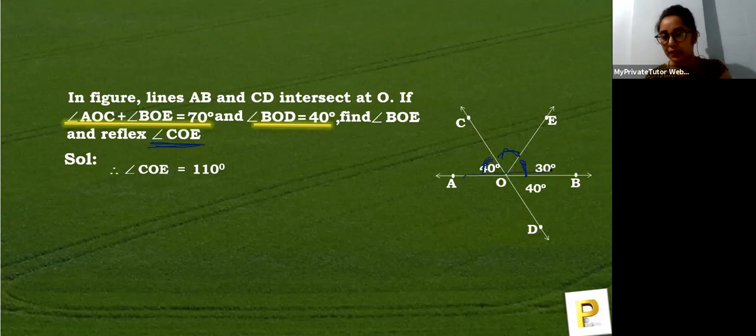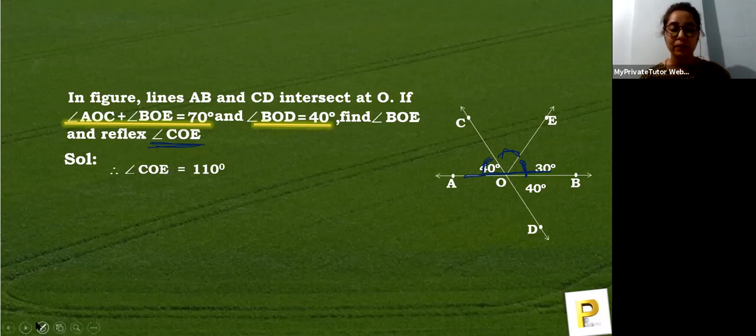And all of these three are linear pair of angles. So 180 minus 70 degree, and you'll get the answer as 110. This is how you get this angle as 110. Okay, now let's see what is the measurement of the reflex angle.